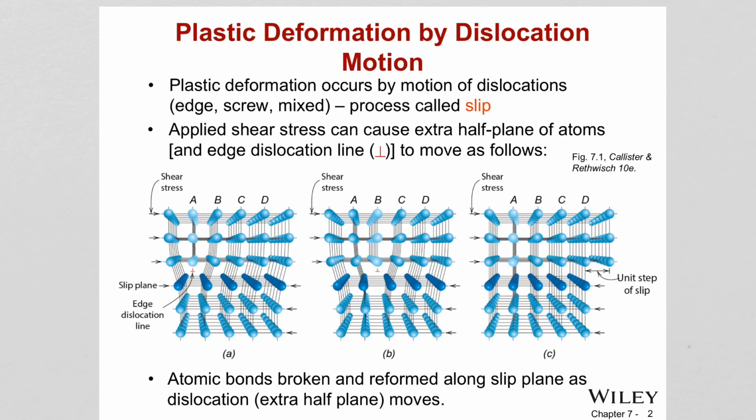I guess I told you this before, but we know there is elastic deformation by stretching the bonds, and it is temporary, and there is plastic deformation, which is permanent. Basically, plastic deformation requires a large number of atoms to move in response to an applied stress.